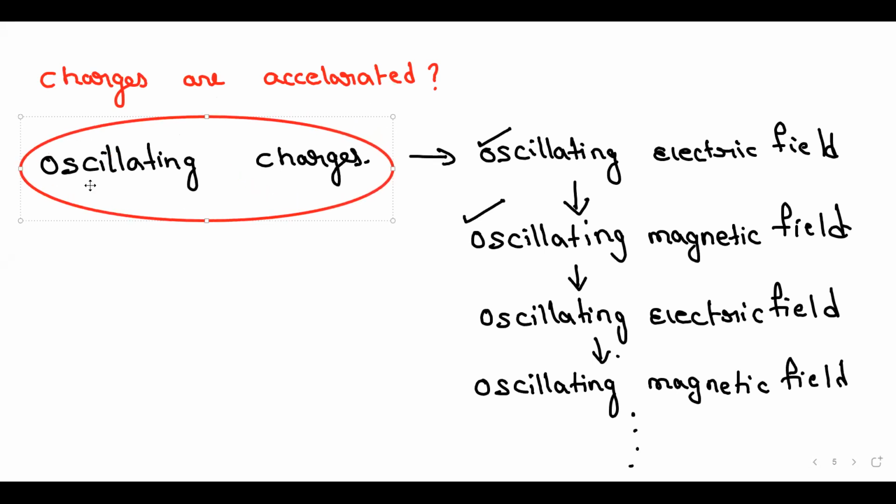See, oscillating charges are nothing but accelerating charges. So when a charge gets accelerated, it produces oscillating electric field, oscillating magnetic field, and this oscillating magnetic field produces oscillating electric field.